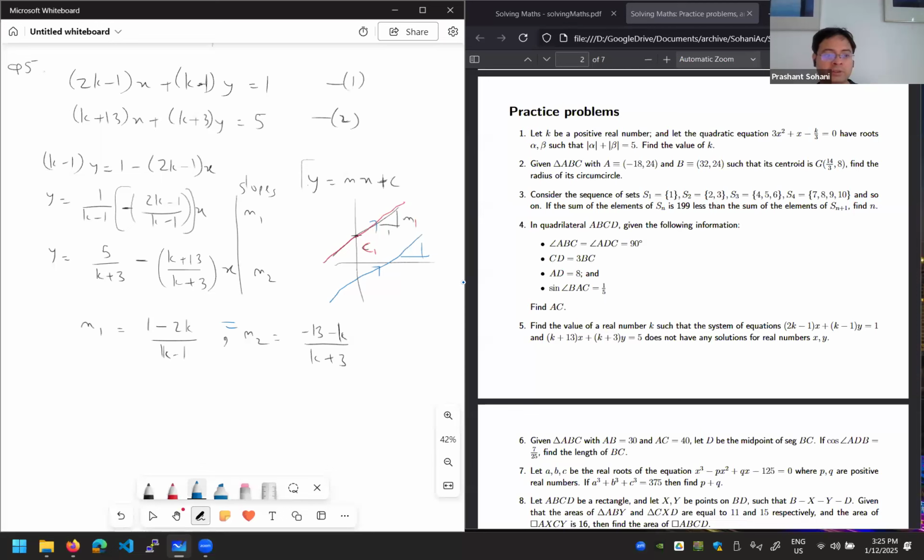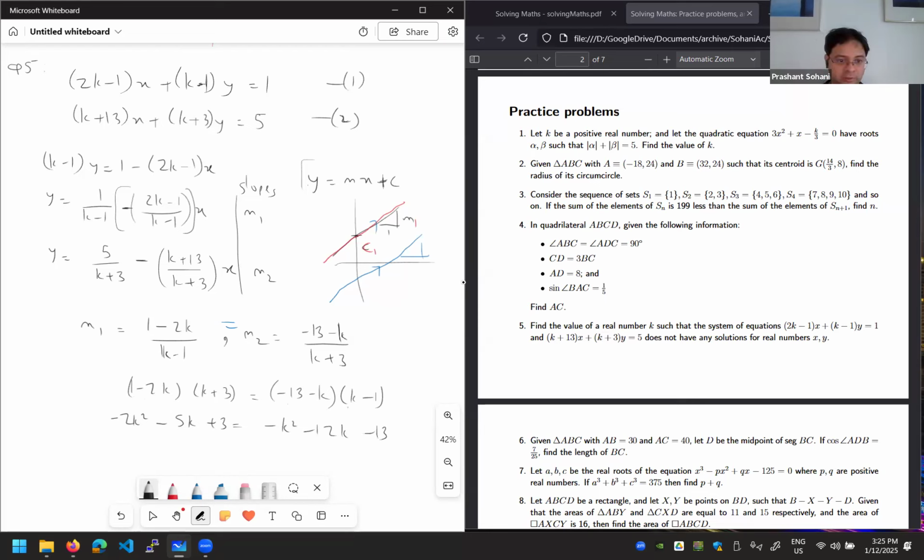So if they have to be parallel, the slopes have to be equal. So we should be able to equate this, and then if these two are equal, maybe we can cross multiply and solve. Let's expand the brackets. On the LHS, I'm going to get minus 2k square plus k minus 6, so minus 5k. And on the RHS, I'm going to get minus k square minus 13 plus 1, so minus 12k.